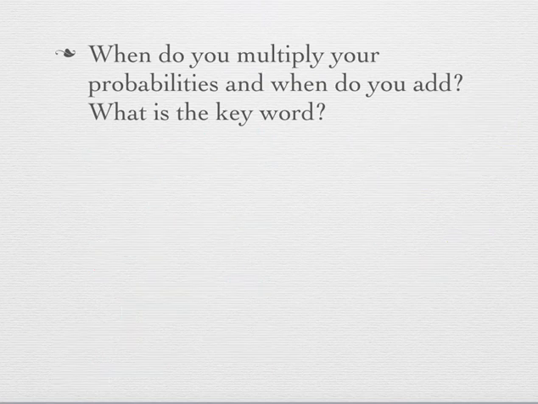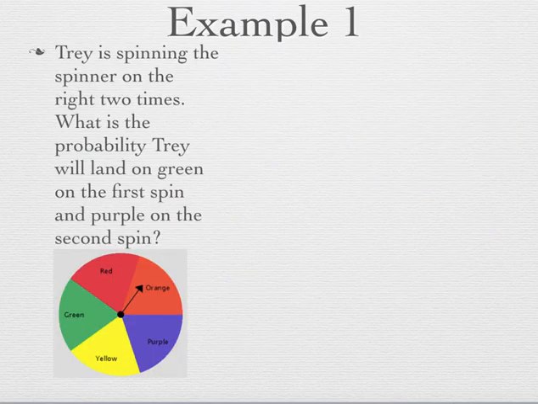So let's have the first example. Trey is spinning the spinner down here 2 times. What is the probability that Trey will land on green on the first spin and purple on the second spin? If you analyze the problem, it is an independent probability.